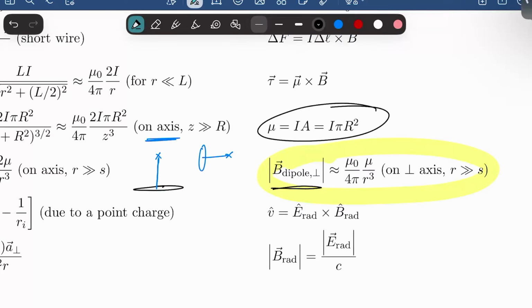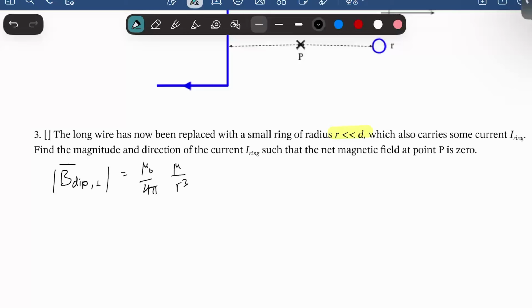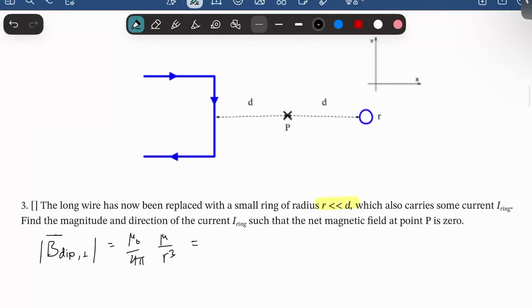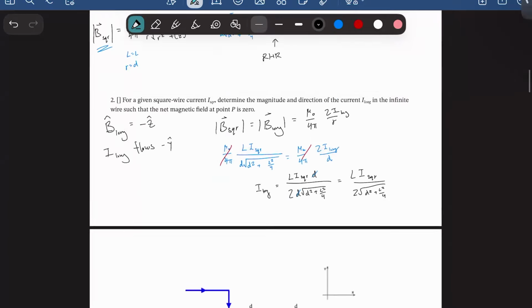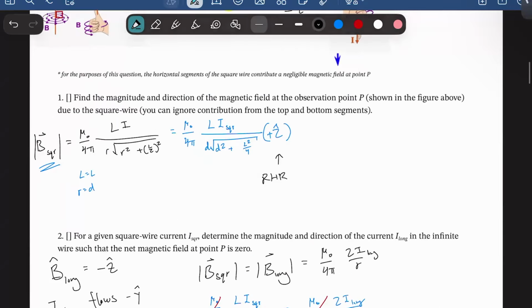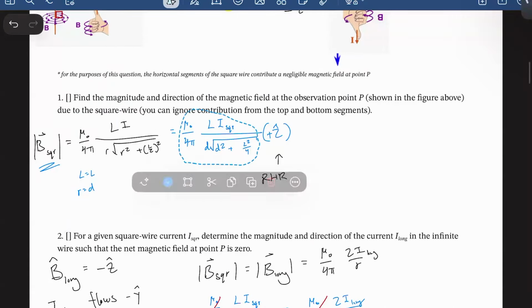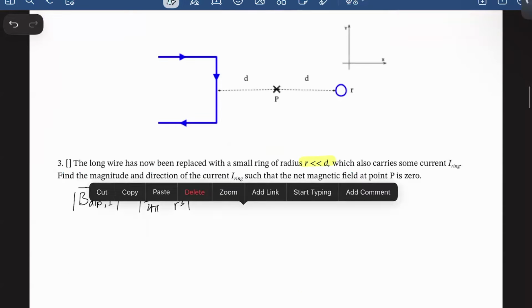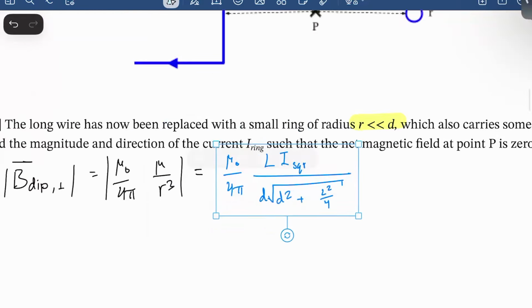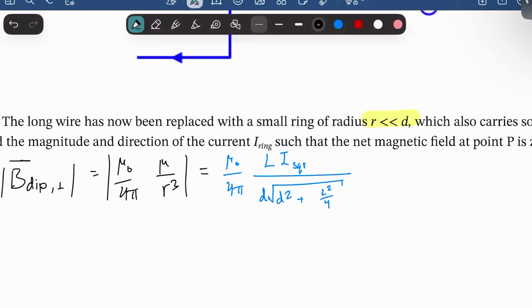Here we know that this magnitude has to be equal but opposite to our B square. So again, gonna take this formula and drag it down. This is all equal, and their magnitudes are equal. They're different directions, but their magnitudes are equal.